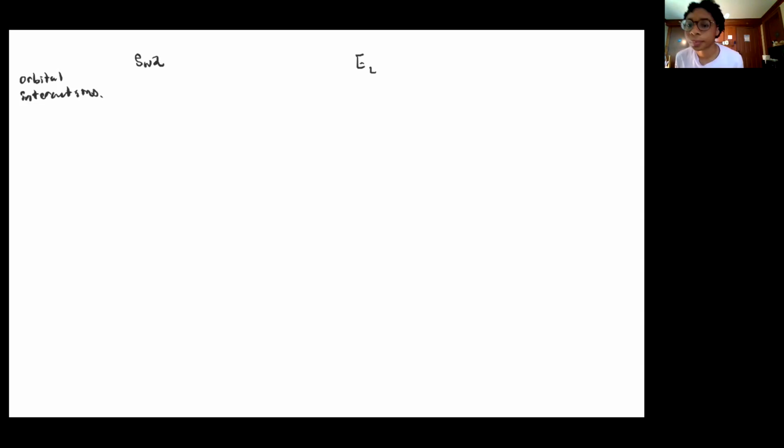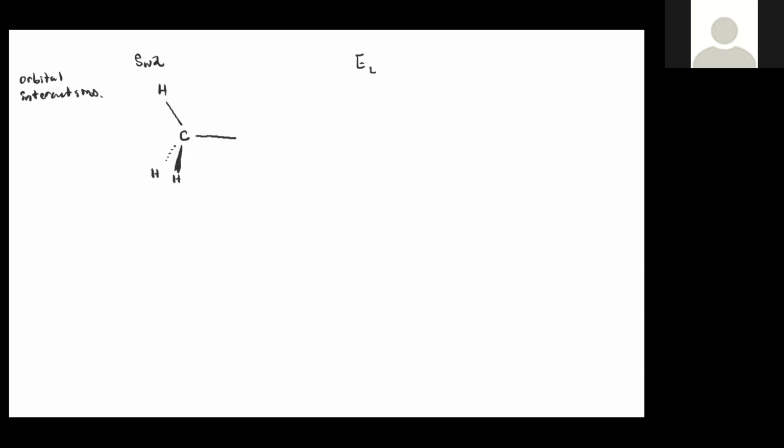So let me draw that out. Orbital interactions, here's the substrate. Here's our carbon. Let's use a real substrate. We'll put a chlorine on there. Okay, so methyl chloride.